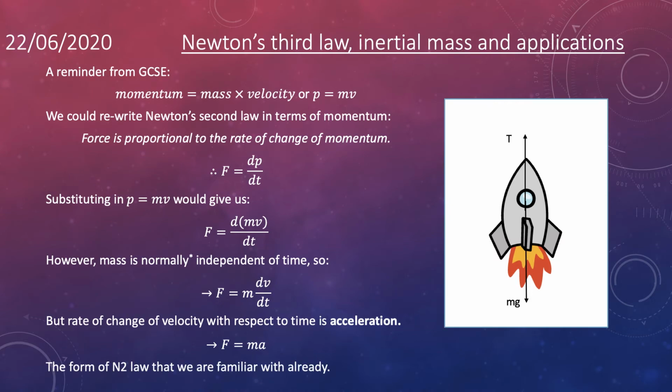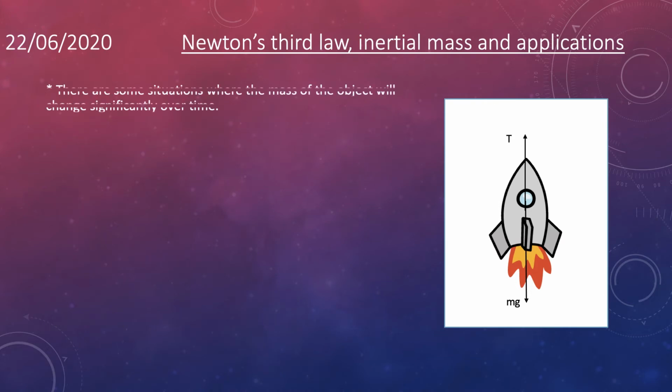So all we've proved is that is the form of Newton's second law we're already familiar with. If we say force is proportional to rate of change of momentum, that is equivalent to what we're already familiar with. But in some situations, we will have to use that more complicated one, force is proportional to rate of change of momentum. And the situation where that would apply, well, that's the star where I've written it, isn't it? Mass is normally independent of time, but sometimes it's not. There are situations where the mass of the object changes significantly over time.